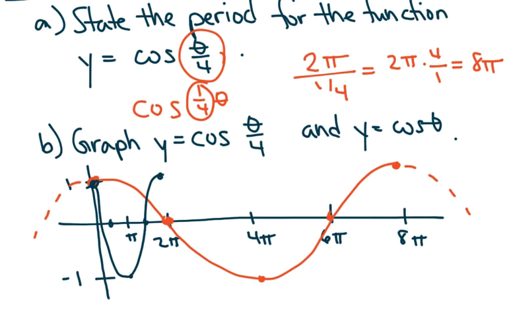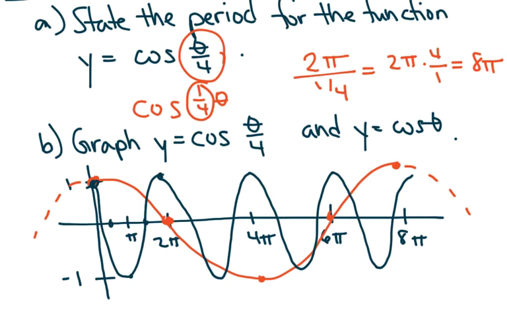Look what happened when we changed the period to 8 pi. We stretched it out. Think about it like a rubber band. We just took it and stretched it out. If you want a better comparison, remember that it repeats itself every 2 pi. So it would look something like this inside that red curve.